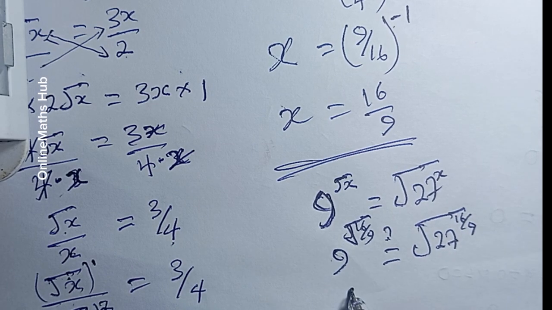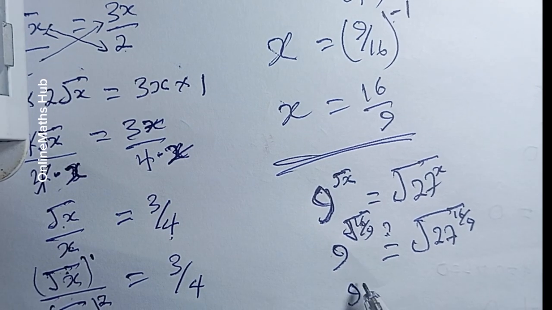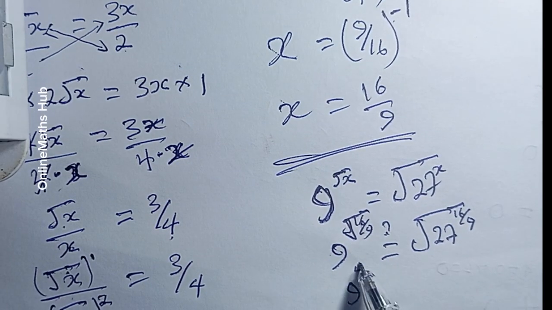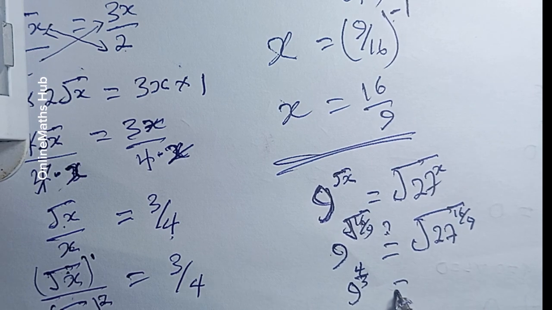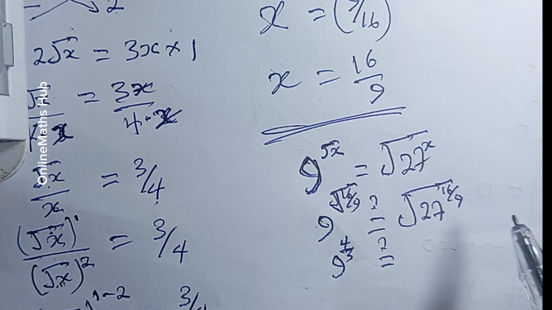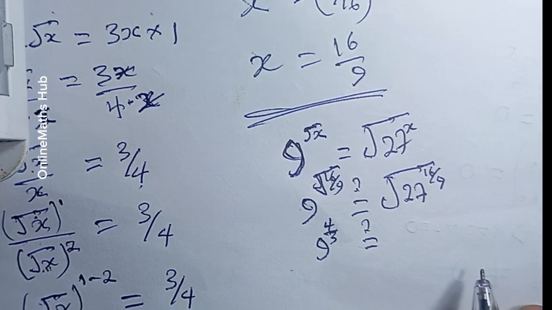So on this side I'm going to be having root 16/9, root 16 is 4, and then root 9 is 3. So would that be equal to what we have at the right hand side?